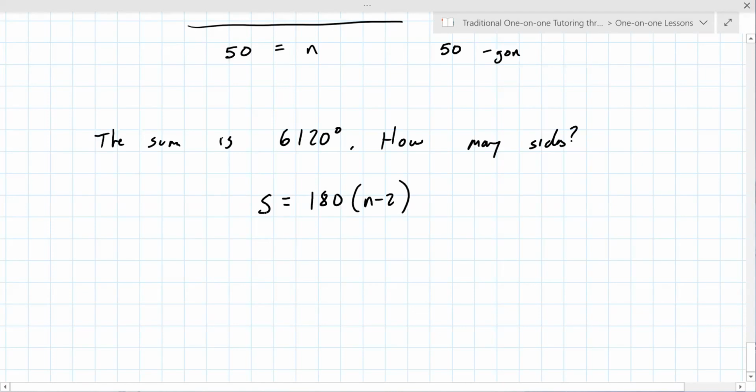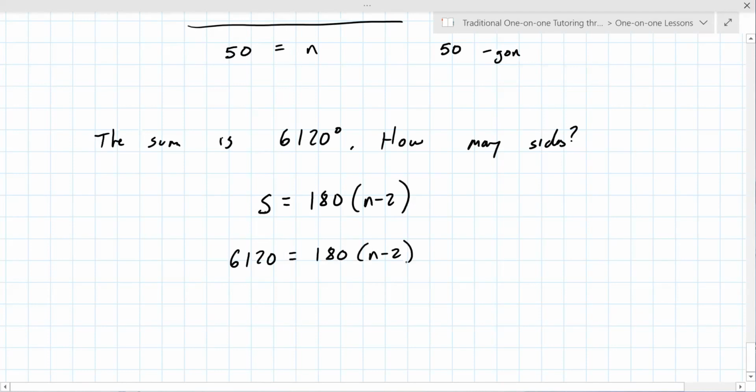So am I giving you the value of S or the value of n? The sum is what's given. So the sum S is 6,120.